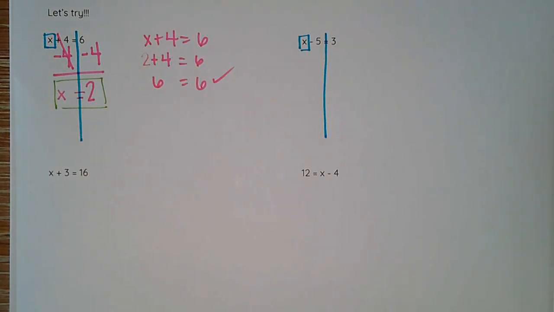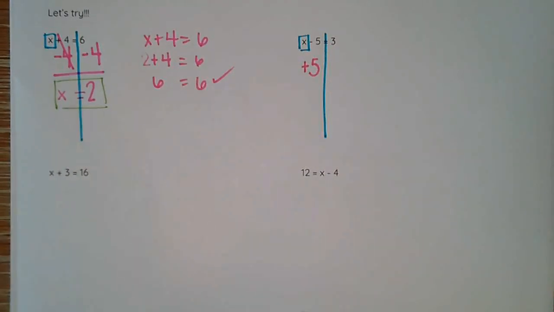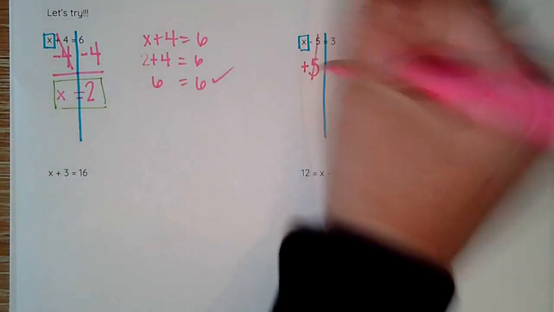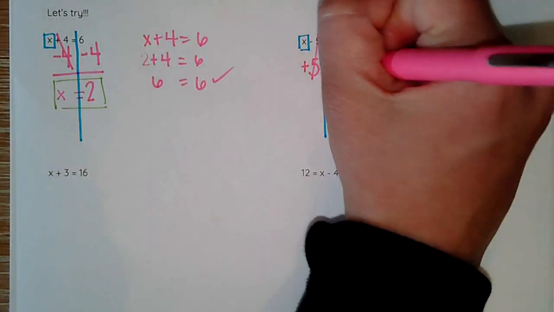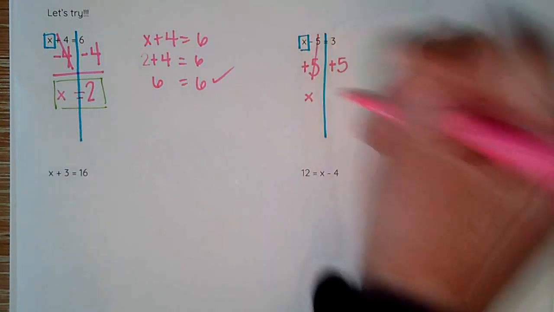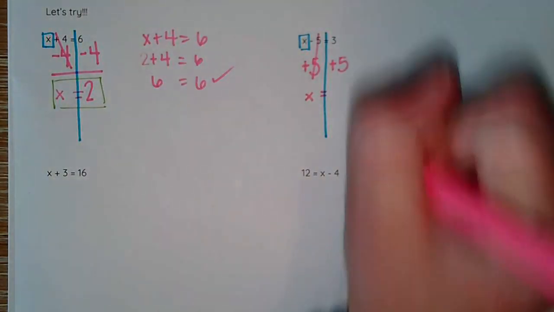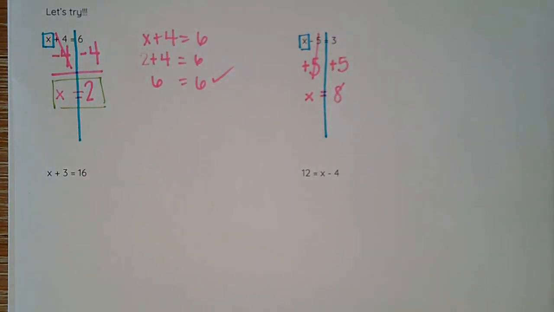I do that by using the inverse of subtracting 5, which is adding 5. Minus 5 plus 5 cancels out, but I still need to add 5 on the other side to balance my equation. I'm left with only x on this side. 3 plus 5 on the right gets me 8.